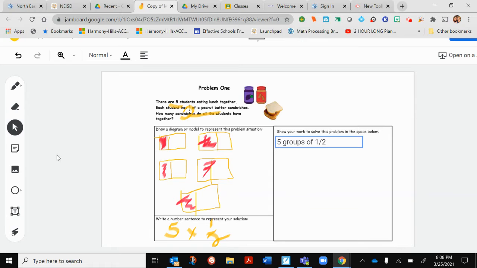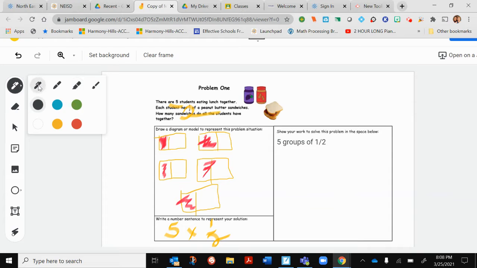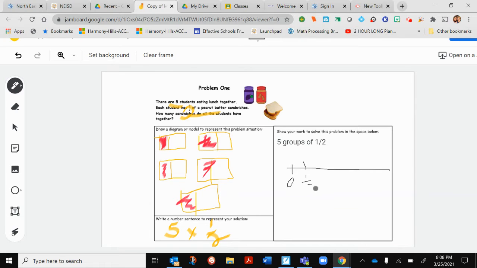I'm going to try to go ahead and draw this on a number line. And I have my 0. And this is 1/2. Let me see if my stylus pen will work.